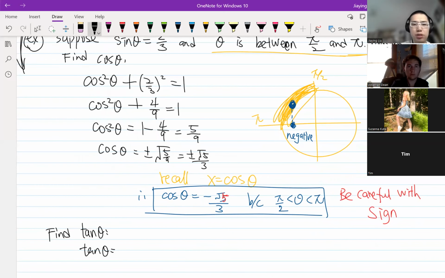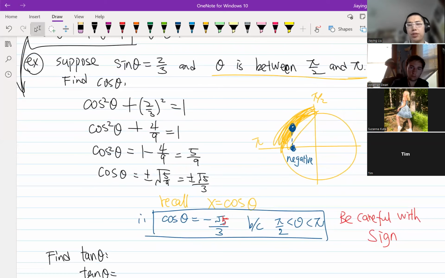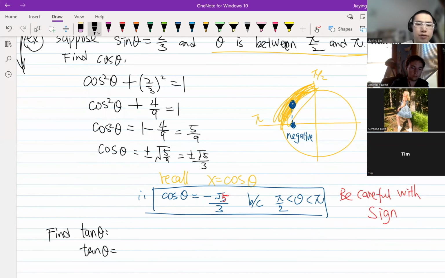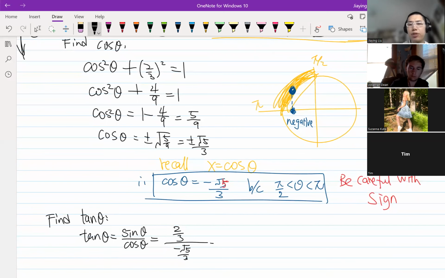Tangent theta, instead of opposite over adjacent, we can use sine over cosine. Plug in the sine value, which is 2 over 3, and the cosine value, which is negative root 5 over 3. All we have to do is multiply by the reciprocal of the denominator. So that's 2 over 3 times negative 3 over root 5. The 3 cancels, giving us negative 2 over root 5.